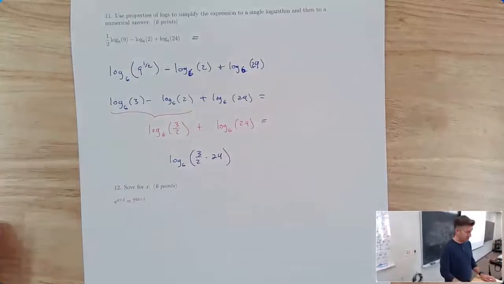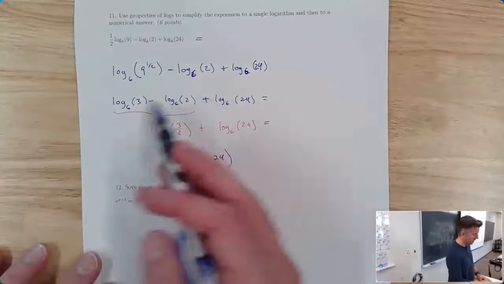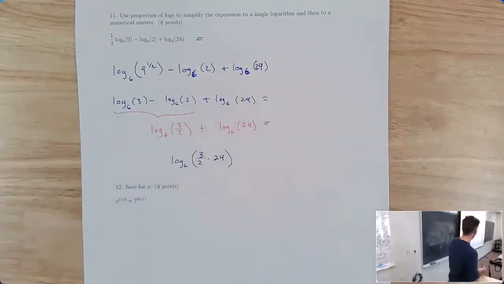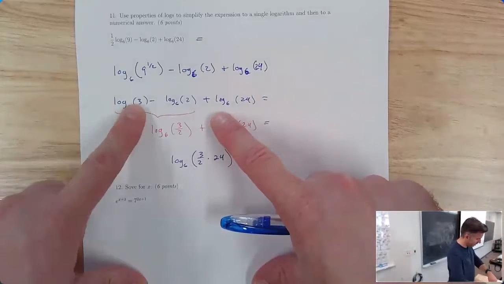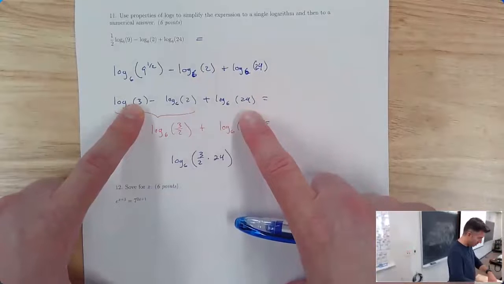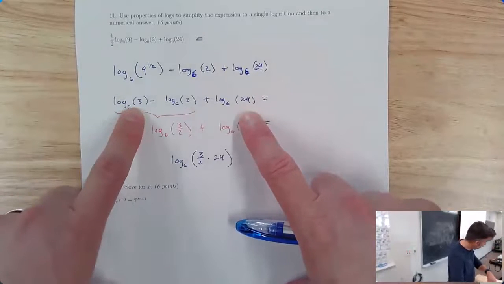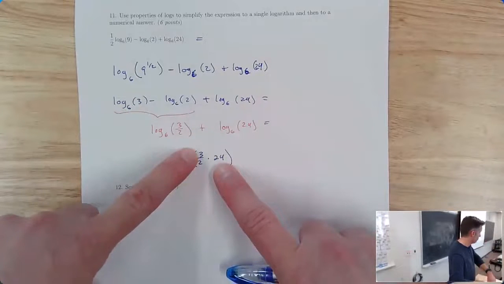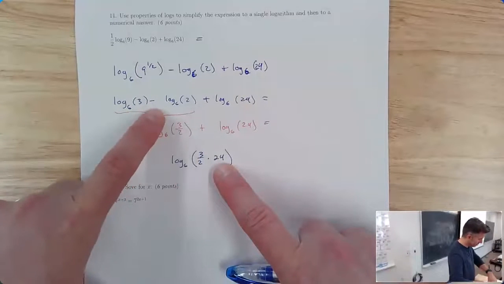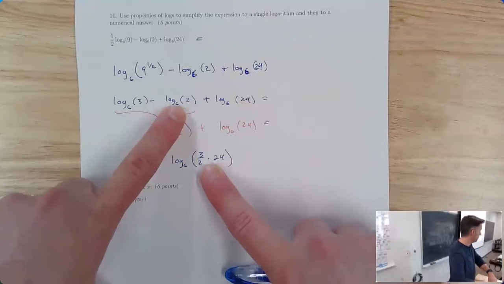Here's what I would say very generally. If you have a bunch of logarithms added and subtracted together with the same base, all the things that are being added, in this case, the log of 3 and the log of 24, those things end up in the numerator. Whereas the things that are being subtracted, the log base 6 of 2, that 2 ends up in the denominator.